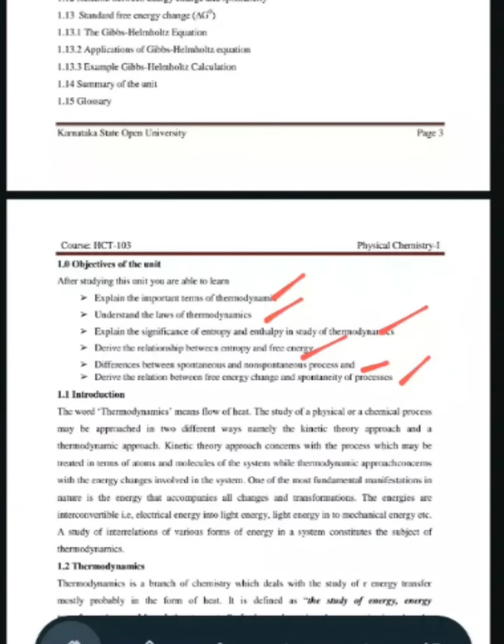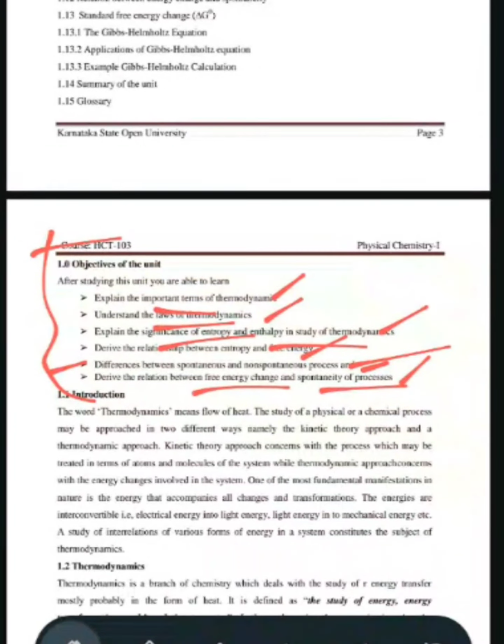They include explaining the important terms of thermodynamics, understanding the laws of thermodynamics, explaining the significance of entropy and enthalpy in the study of thermodynamics, deriving the relationship between entropy and free energy, the difference between spontaneous and non-spontaneous processes, meaning whether the reaction is taking place spontaneously or not, and deriving the relationship between free energy and spontaneous process. These are the important things which you should go through in this unit.